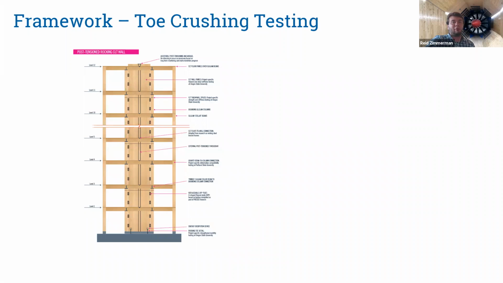Now zooming in a little bit to the toe of the wall. So the wall is under uniform compression from the post-tensioning. As it's rocking over, that compression shifts to the toe or the leading edge of the wall. And that tends to, by concentrating that compression, concentrate the crushing in the wood.